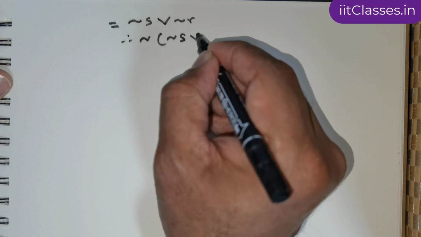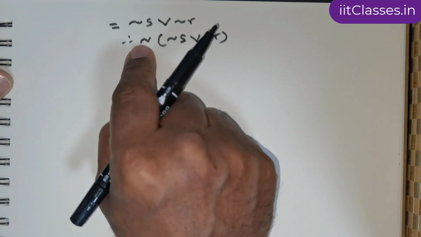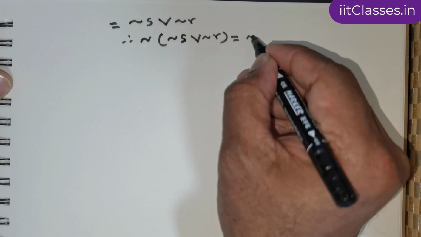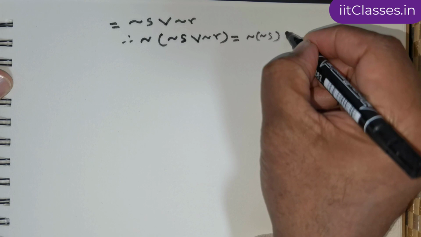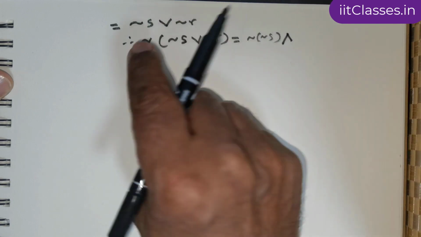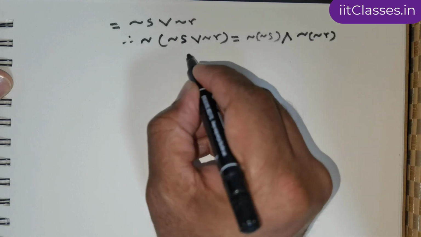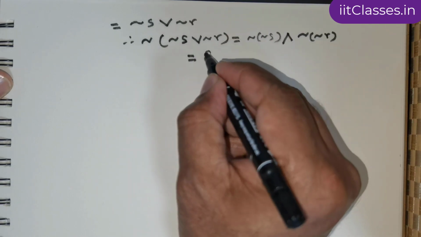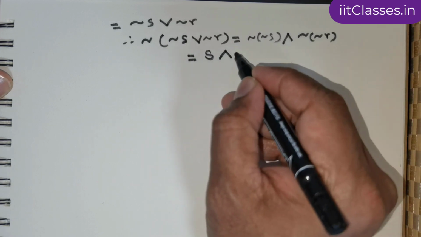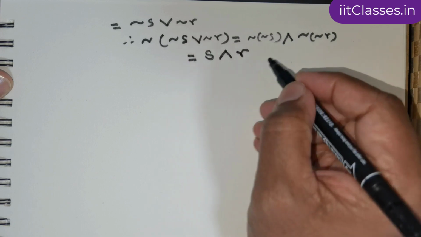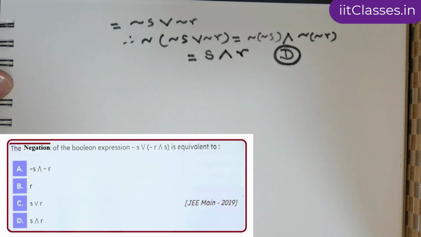Negation of S, disjunction negation of R. Now taking the negation, in other words distributing the negation throughout, this would give me negation of negation S. When negation hits disjunction, it becomes conjunction, and negation of negation R. Negation of negation S is going to be S. I have a conjunction here. Negation of negation R is going to give me R. So the right solution for this question is choice D.